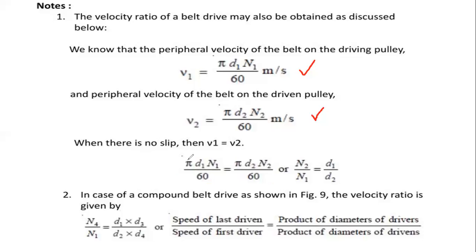So after equalizing this, pi in pi is cancelled, and 60 and 60 has been cancelled. Then we have obtained D1 N1 is equal to D2 N2. Then we use it to take it as N2 by N1 is equal to D1 by D2. So that is the obtained equation.